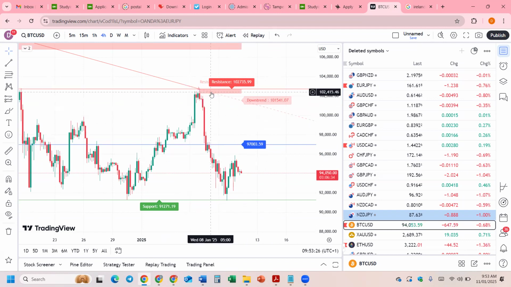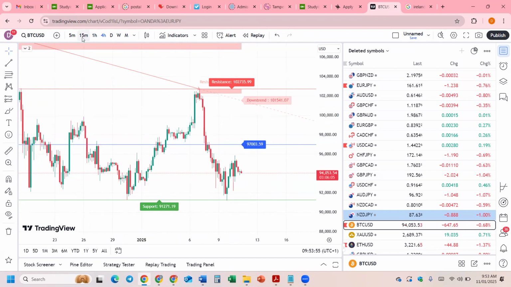So now for better confirmation, I have confirmed that the 4 hour has created a resistance. I'll bypass the 1 hour. When the 1 hour also shows the resistance first, I'll wait for the 4 hour to create a resistance for me. Then I'll put my risk to reward ratio at 97003.59 under the 4 hour risk to reward ratio.